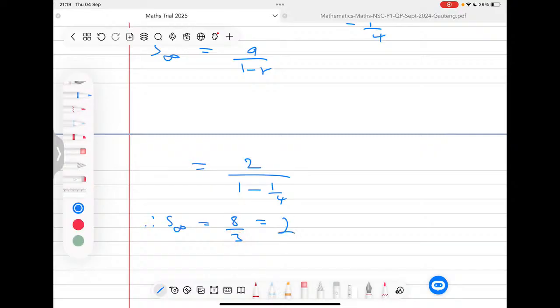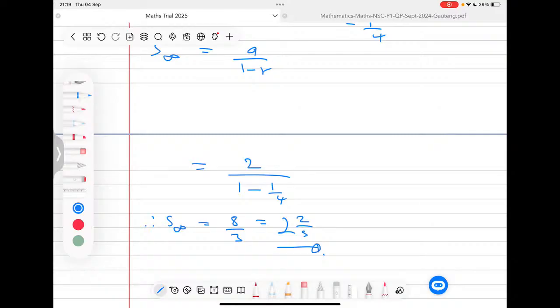So 3 goes twice, because we have 3, 6, right? Then we stop there, and the remainder will be a 2. Because from 6 to 8, you're only left with 2. So the remainder is 2, and we then take this number here, that is the denominator, and put it at the bottom here. So that's how you leave it as a mixed fraction. Or you can do it with a calculator. The calculator can also give you the mixed fraction if you like.